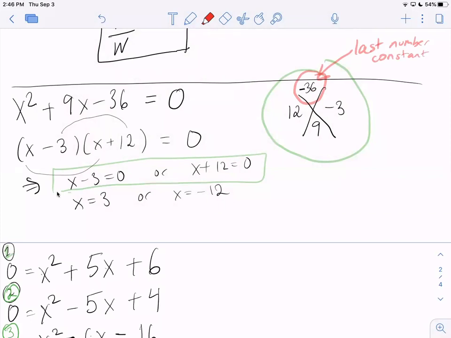And the number below it, people put the middle number, the coefficient of X. So I'll just color it in here. This is the one that we put in the bottom, and this is the one we put with the sign. You're always going to include the sign as well.